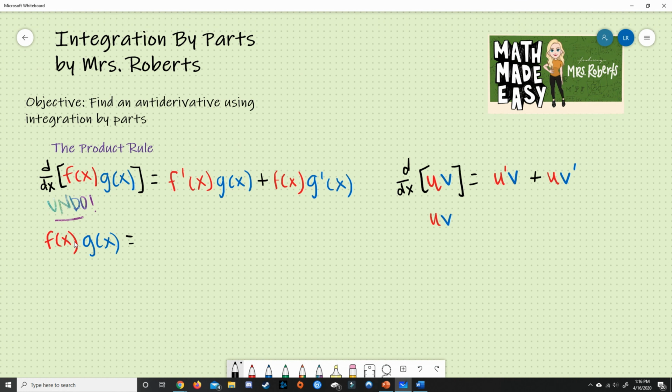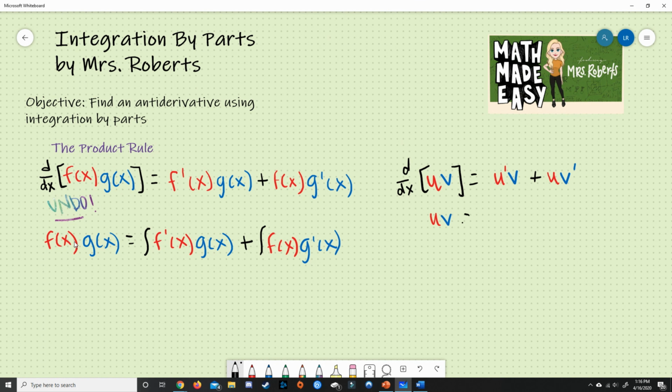Now I have to apply that inverse operation on the other side, so I'm going to get the integral of f prime of x times g of x plus the integral of f of x times g prime of x.